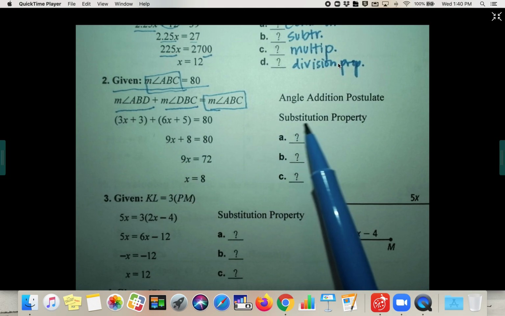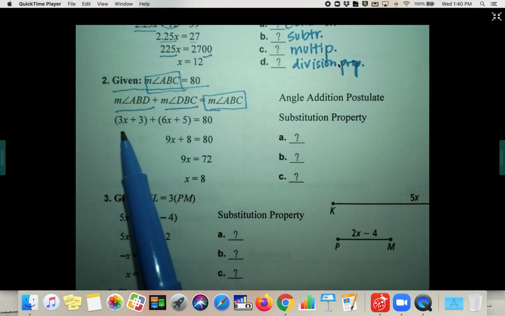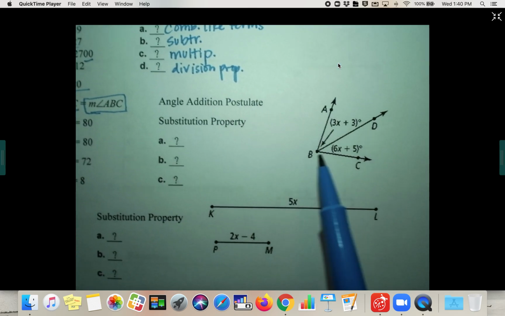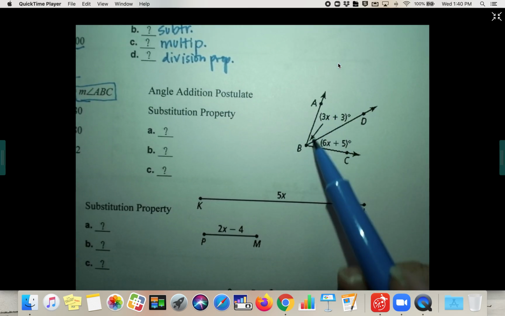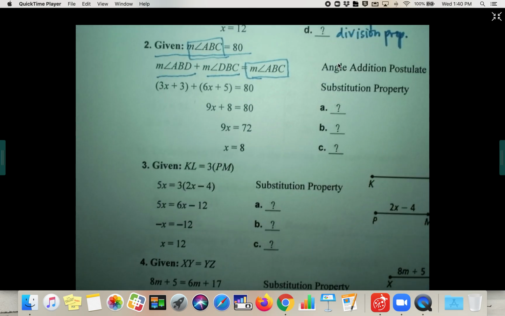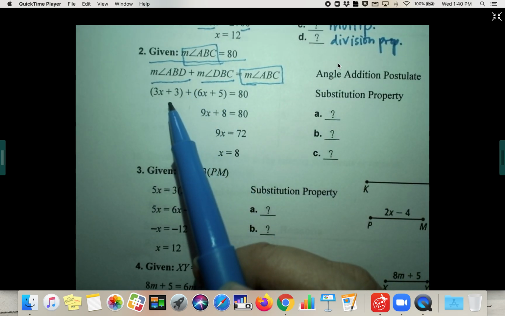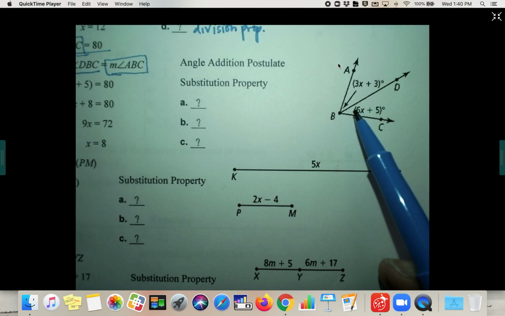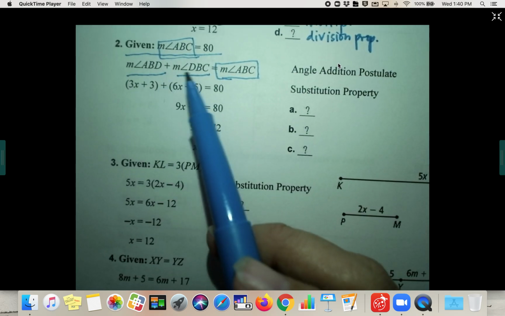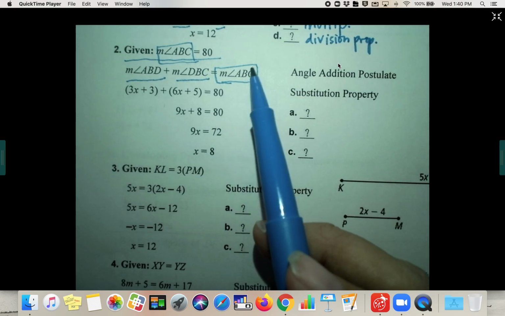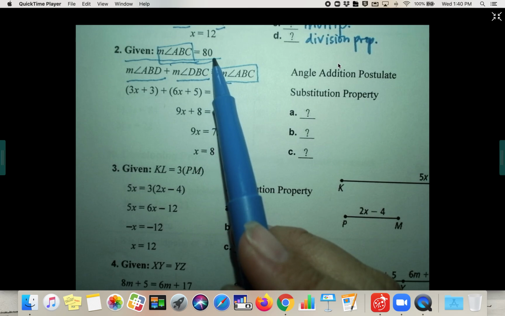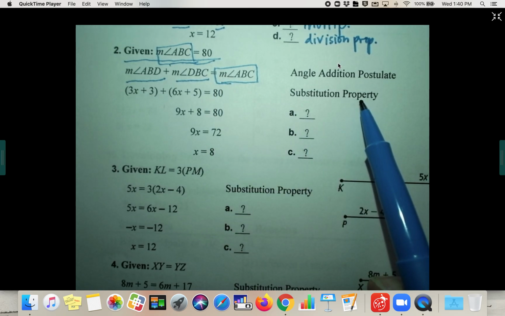Then they substituted 3x plus 3 for angle ABD, based on this picture over here. They substituted the measure of angle DBC with 6x plus 5, and the measure of angle ABC with 80, because that's what it told us up here in the given. So that is all using the substitution property.